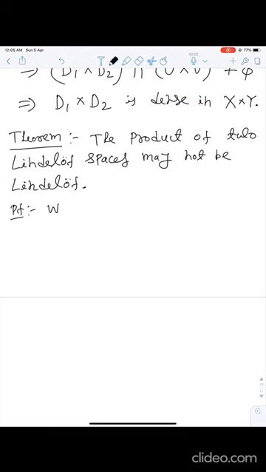So we proved that RL, that is the real line with the lower limit topology, is Lindelof. Right?